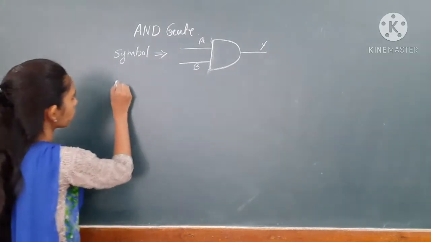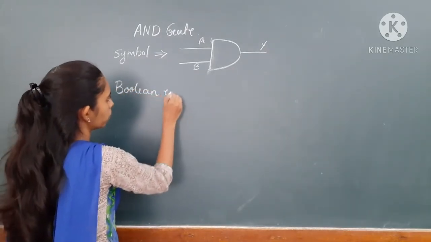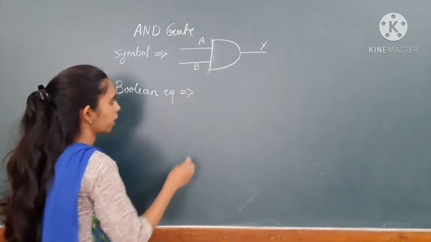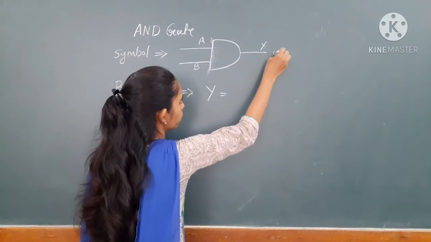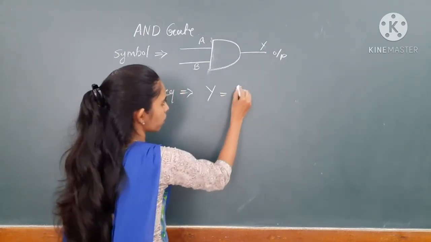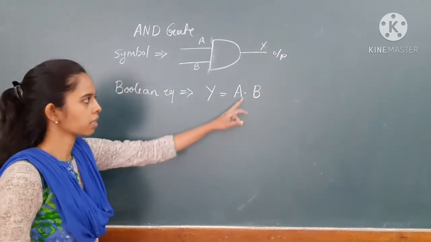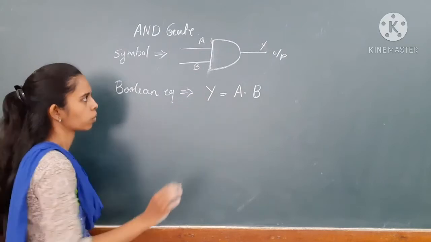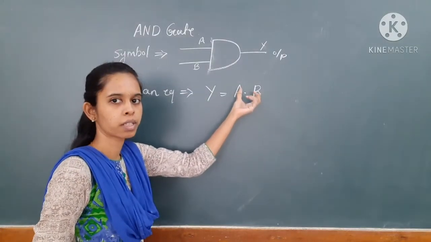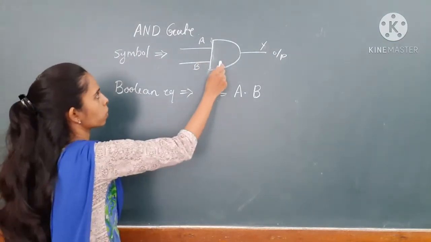So the Boolean equation for it is, y is equal to a dot b, where y is the output. This dot is nothing but multiplication. In multiplication we know that if one of the terms is 0, then the output will be 0. That only logic we are going to use in this.